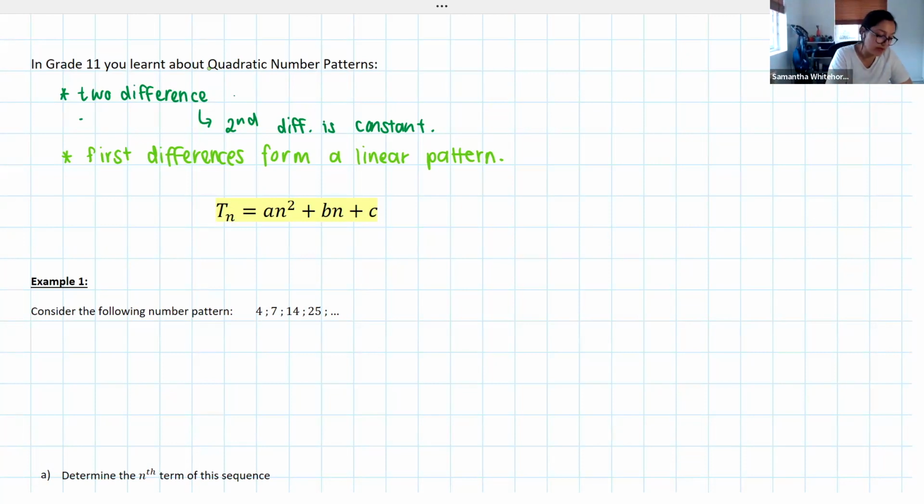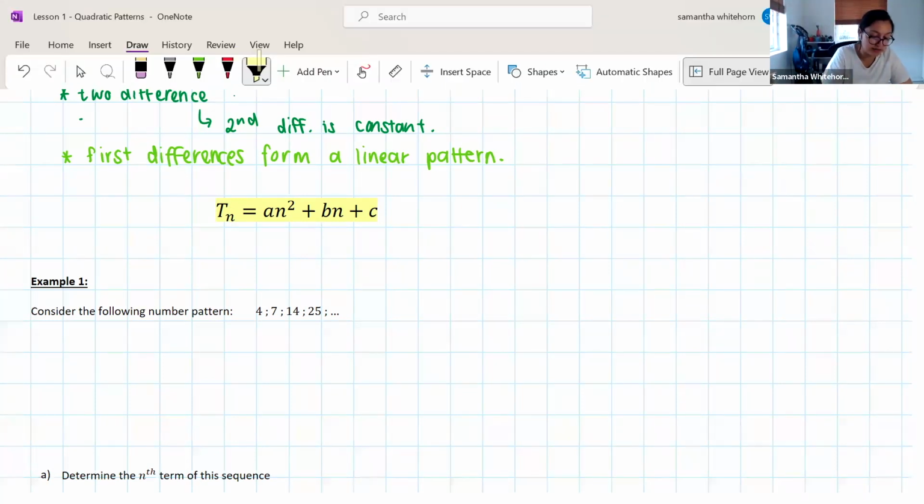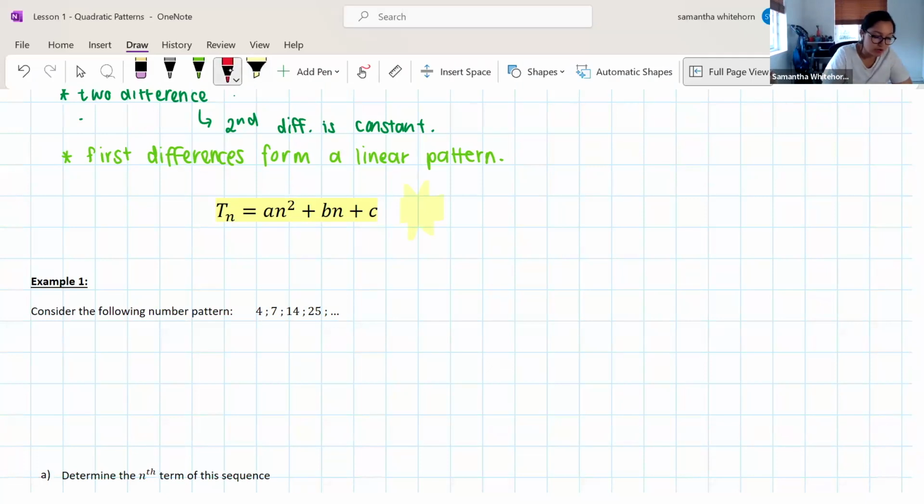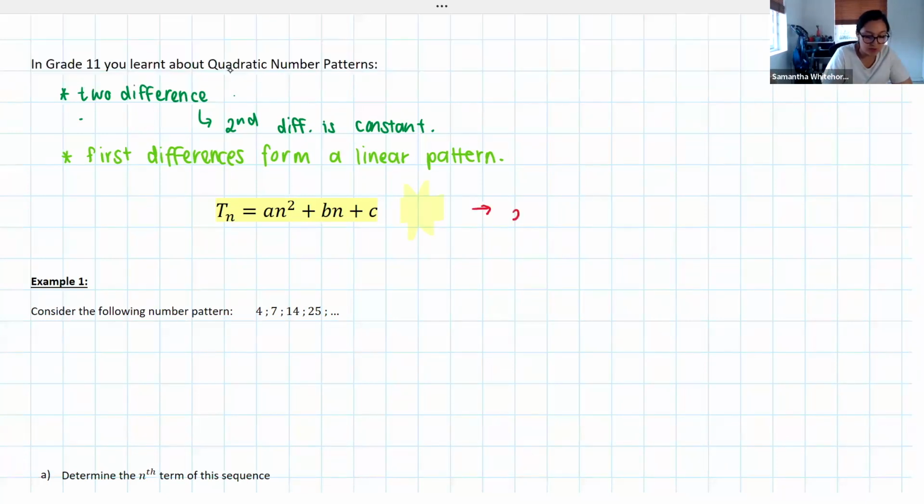Okay, so what is really important to know is what the general formula of your quadratic number pattern is, and it's that Tn is equal to an squared plus bn plus c. That comes from, I don't know if you recognize this, a quadratic equation. So we know in algebra, we've got ax squared plus bx plus c.